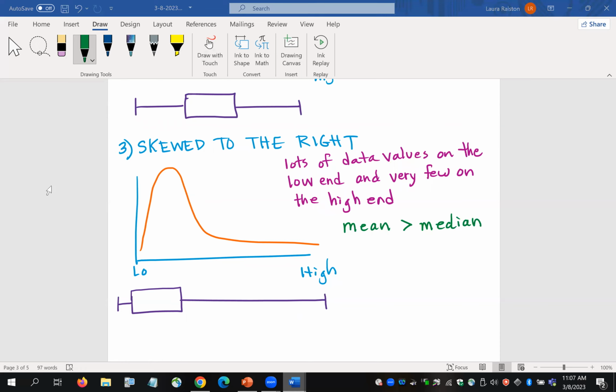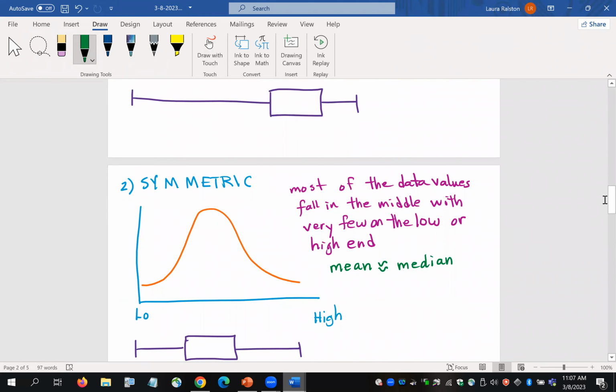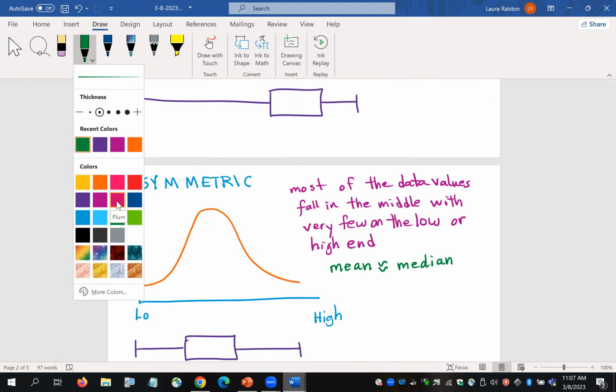Yes, ma'am. I was gonna say, in the symmetrical, it looked like the bell-shaped graph. It does look very much like a bell-shaped graph. It doesn't have to be bell-shaped. Another way that I could have drawn it, just so you can see it, let me put it in a different color.